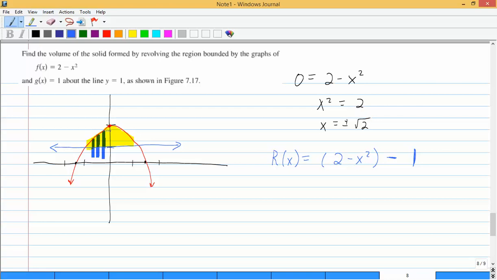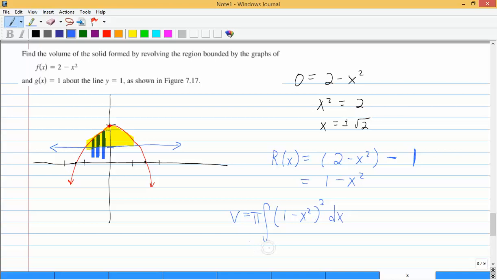That gives us the height of each one of those rectangles, which in turn is the radius of each disk that we make. So you can go ahead and simplify that. We have a 2 minus 1, so we get 1 minus x squared. That is the radius of each disk. So that's what we use in our integral. So volume equals pi times the integral of 1 minus x squared, squared, dx.